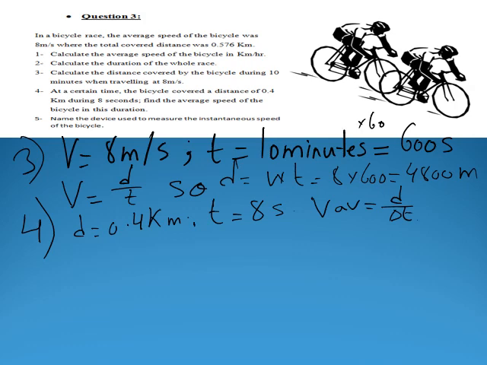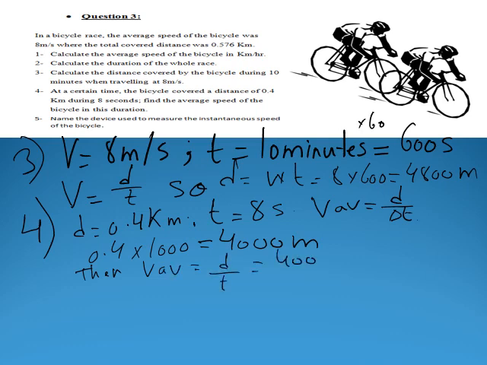So first step, 0.4 we can multiply by 1000, so it will be 4000 meter. Then V average is equal to D over T, so it's 4000 meter over 8 seconds, which is equal to 50 meter per second.